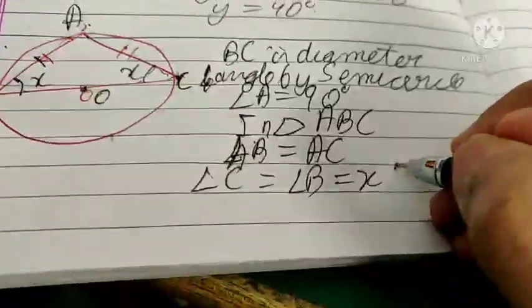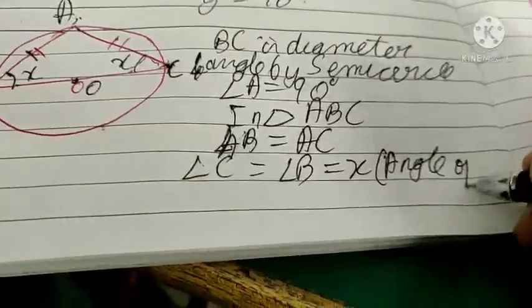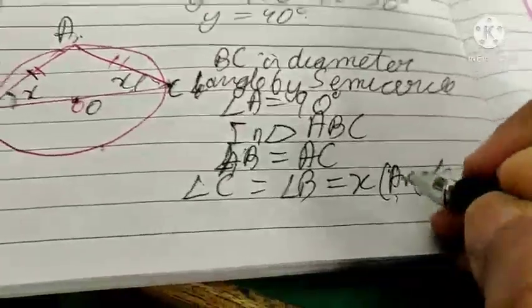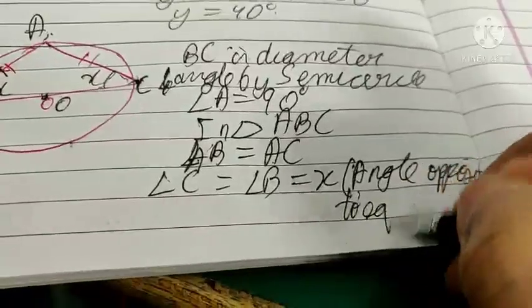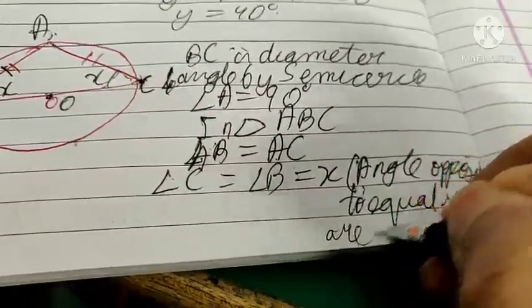Angles opposite to equal sides are equal, like in an isosceles triangle. If two sides are equal, its base angles are also equal.